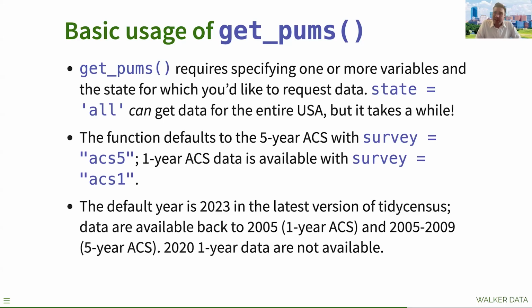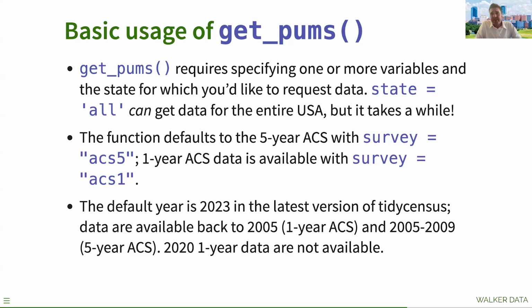So you're not specifying a geography in which you're tabulating or aggregating data. Within get_pums, you'll specify one or more variable IDs, and I'll show you how to find PUMS variable IDs. And you'll specify a state, or potentially state equals all to get all states.